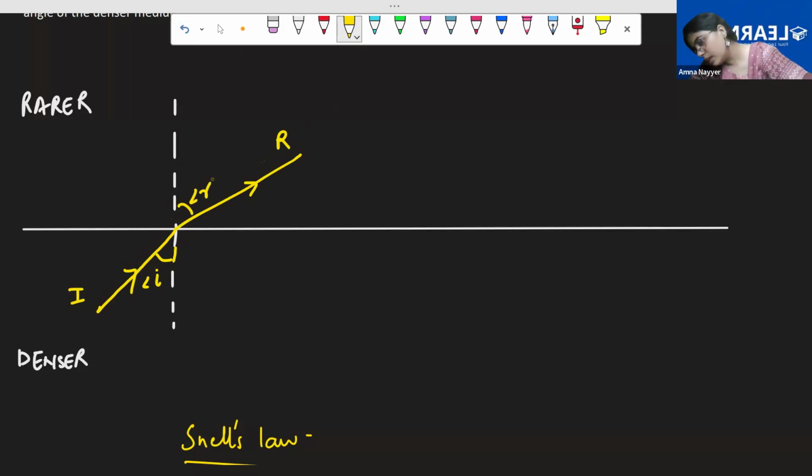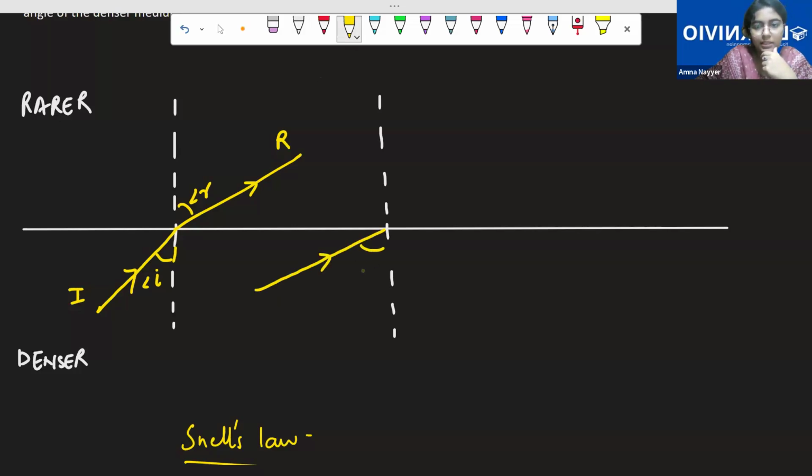Now, if I increase this angle of incidence more, what will happen? Let's say this complete angle is the angle of incidence this time. This is the incident ray. And we'll see that the refracted ray also gets bent more.